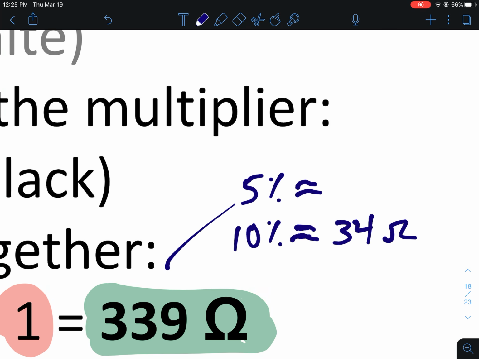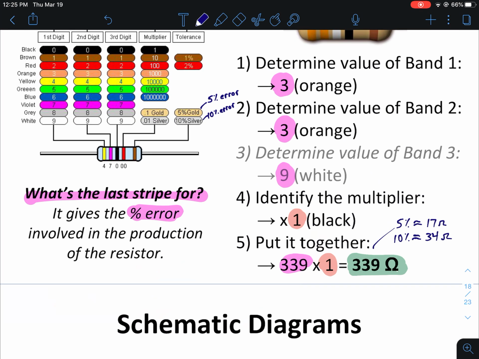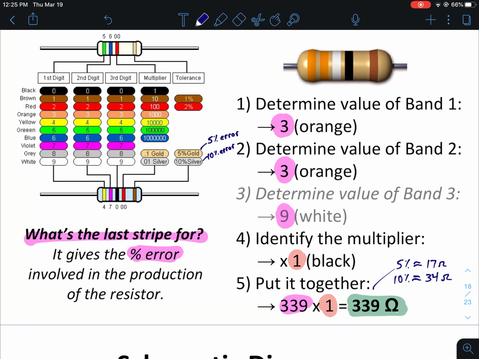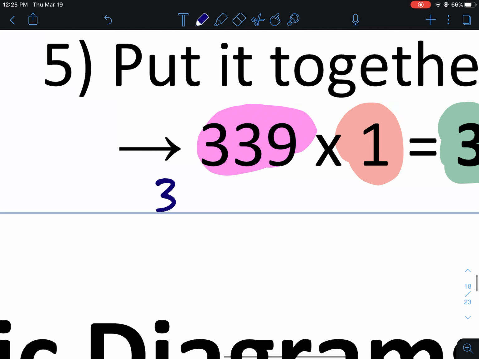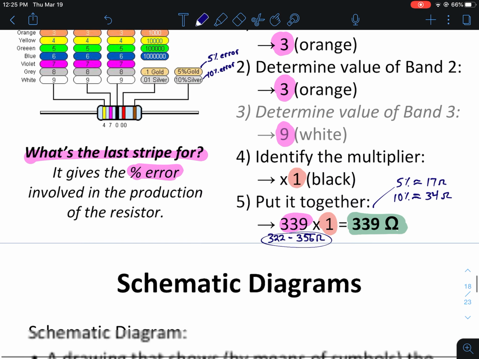If it was 5%, that means it'd be about 17 ohms of error. So the company's telling me it's going to give about 339 ohms of resistance, but it could be 17 up or down from that. So it could be 322 ohms all the way to 356 ohms. That's what that means.